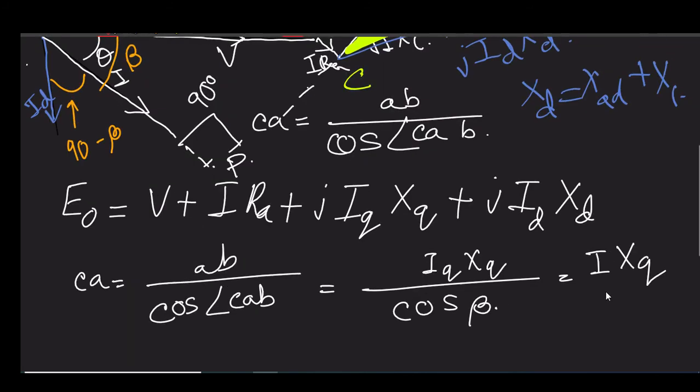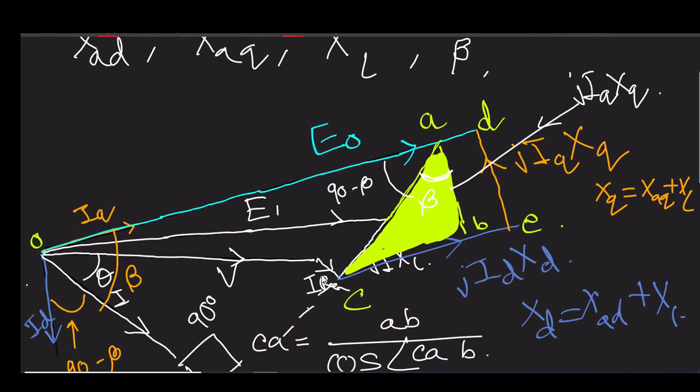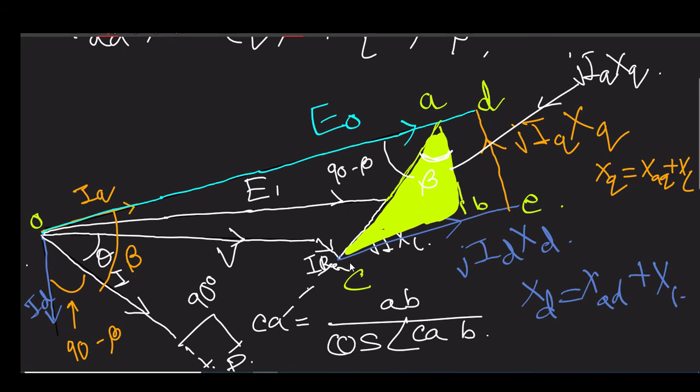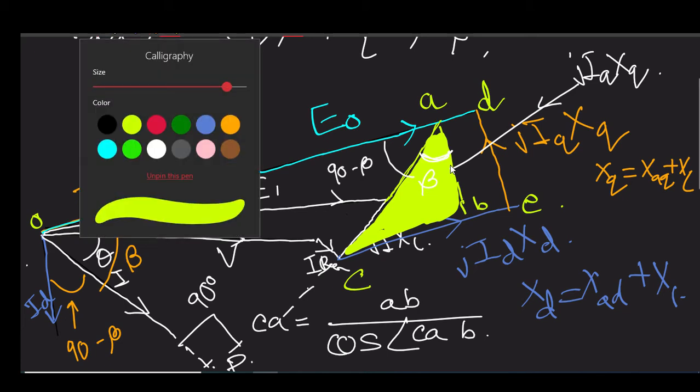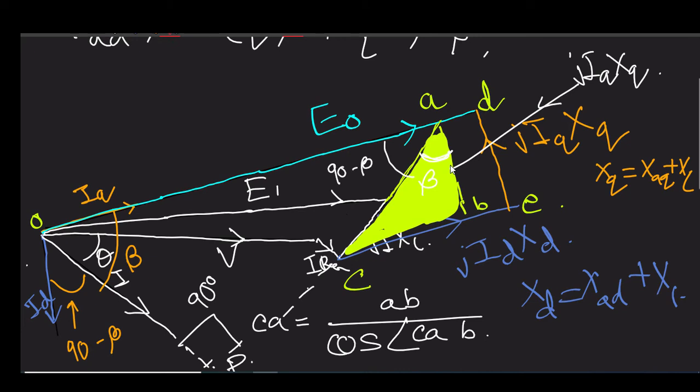Now as I said, Xq may be known to us a priori. So I we can know, and then we can join IRa with this one.